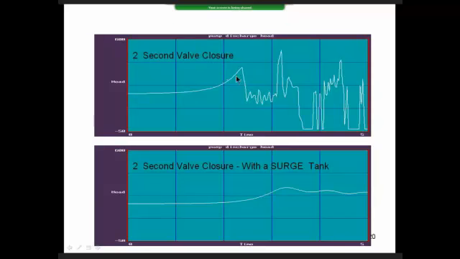This upper slide here shows with no surge tank, the pressure goes up, cuts down to cavitation. With the surge tank, it's a very smooth transition. So there are ways that we can control these pressure spikes or pressure surges, and we'll talk a little bit more about that as we go through.